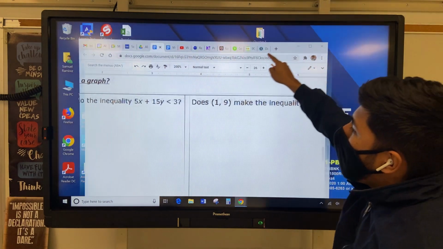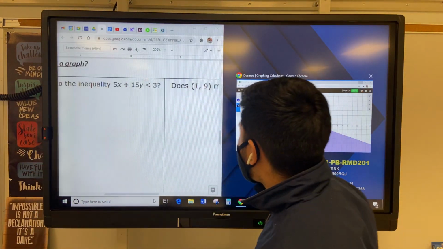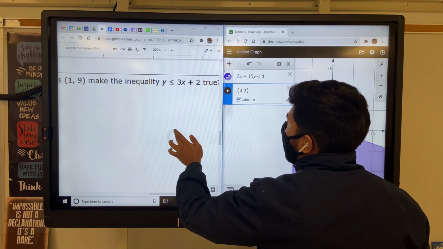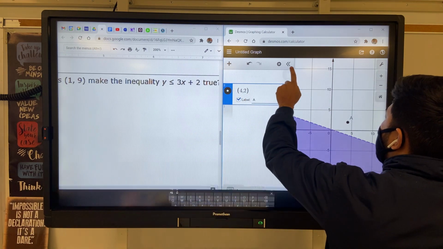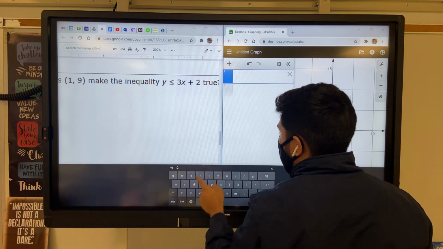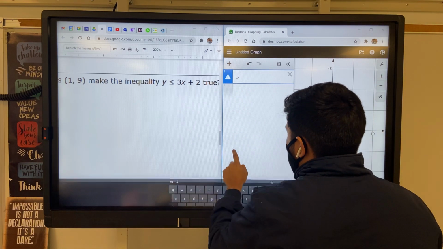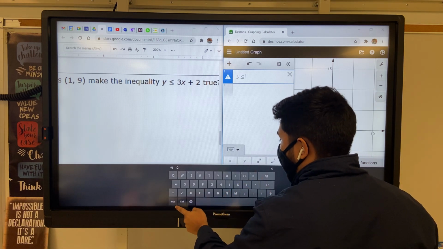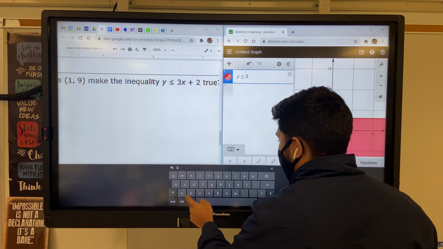Let's double check it. You'll see it's going to be outside of the actual solution set. Y is less than or equal to 3x plus 2.